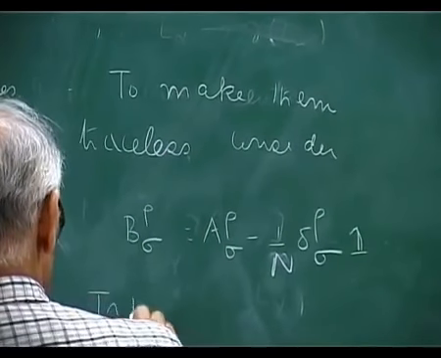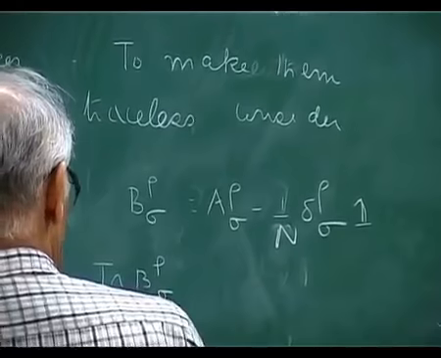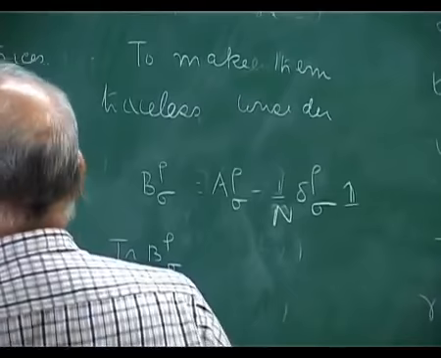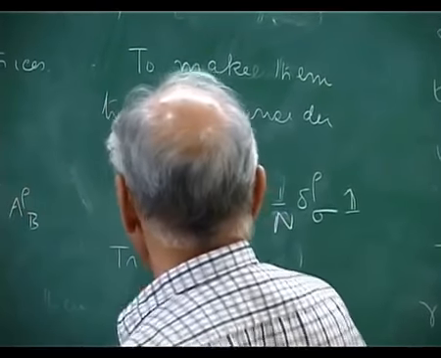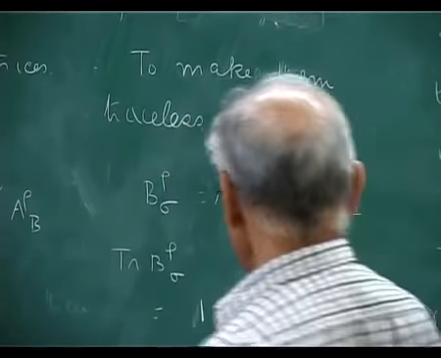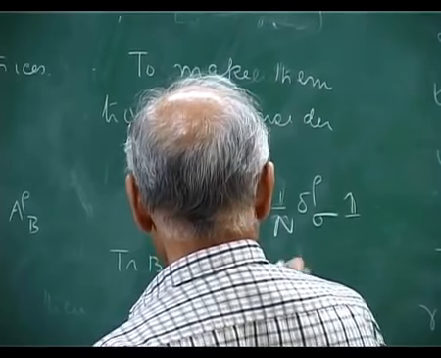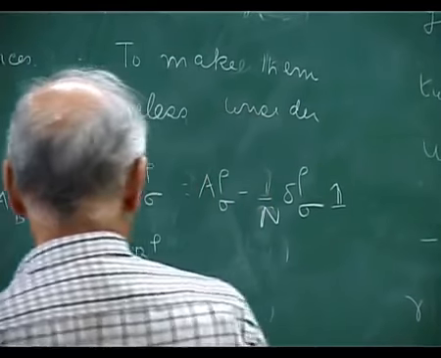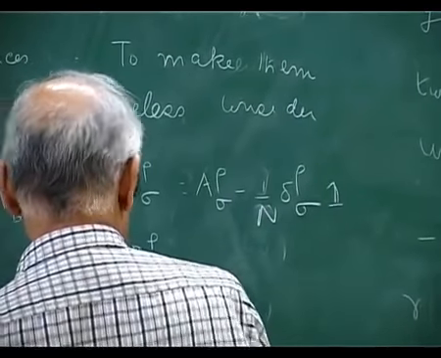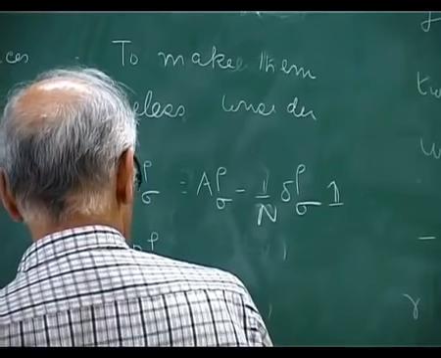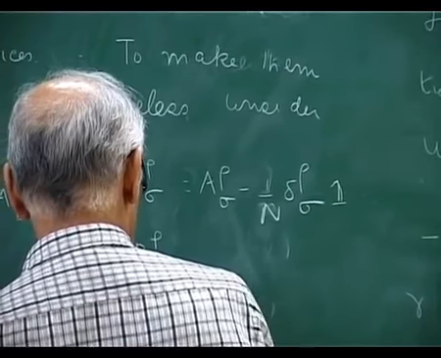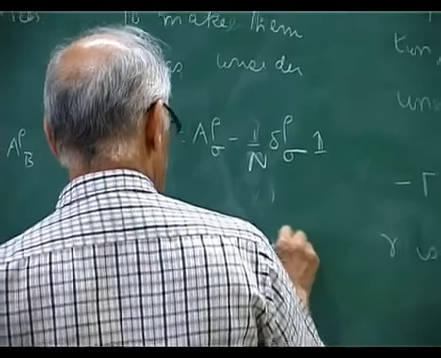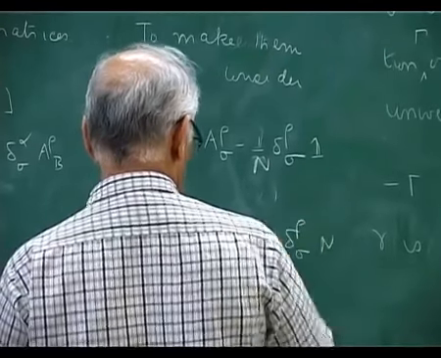So the trace of B rho sigma will be the trace of A rho sigma, which is 1, right? Wait, how does it go? It's not 1. The trace of the first one, let's write, is the summation over I of A rho sigma I minus 1 over n delta rho sigma n.